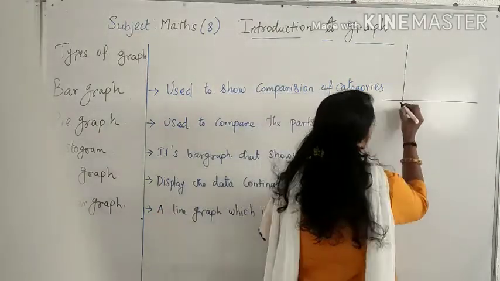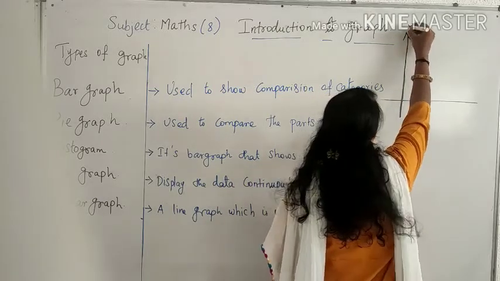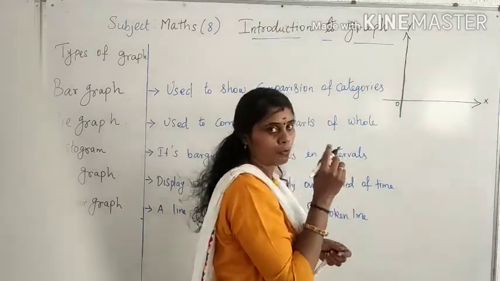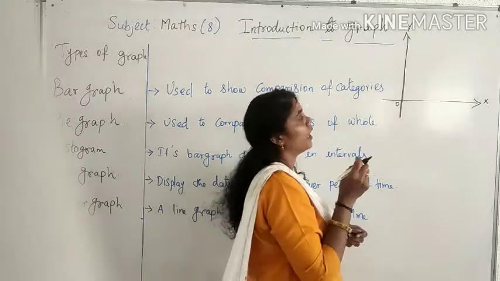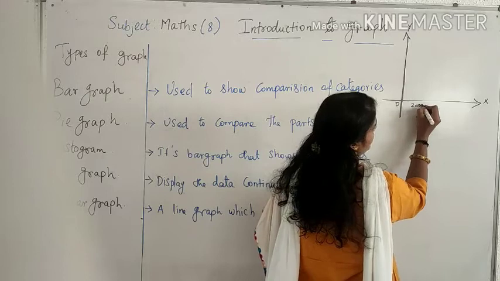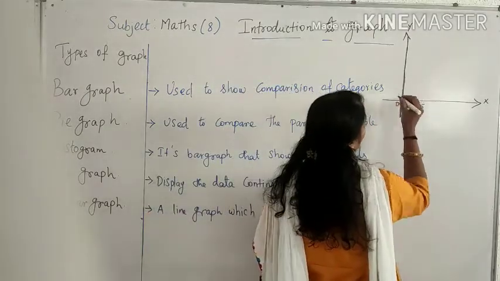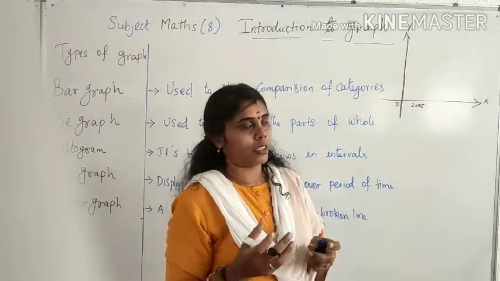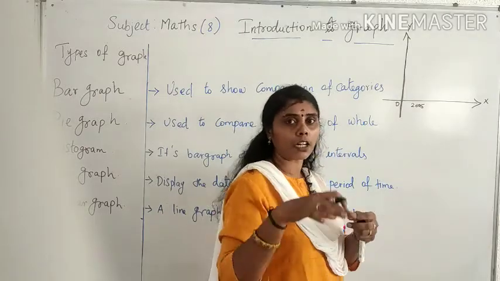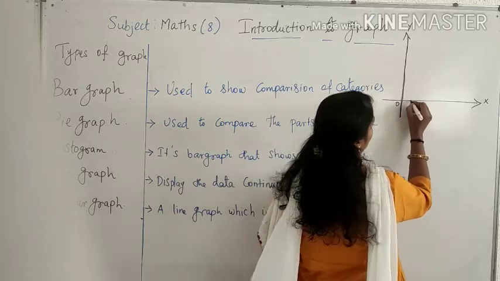So here, in any graph we take, the vertical line is denoted as the y-axis and the horizontal line is the x-axis, and this is the origin O where these two axes meet. Suppose you take 2005, what is the development, the rise of your company, how much profit you earned, right? If your father or relations are comparing your own company, you can use the bar graph to show it.